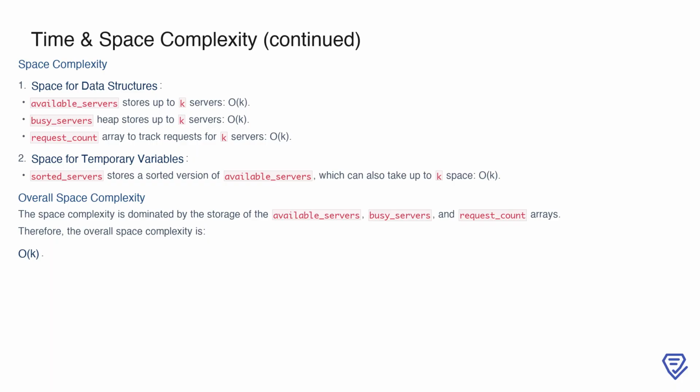Beyond these, there are temporary variables like sorted_servers, which holds a sorted version of available_servers during each request. Since this temporary array can also contain up to k elements, it adds another k to the space complexity. Altogether, the total space complexity is dominated by these data structures, resulting in O(k).